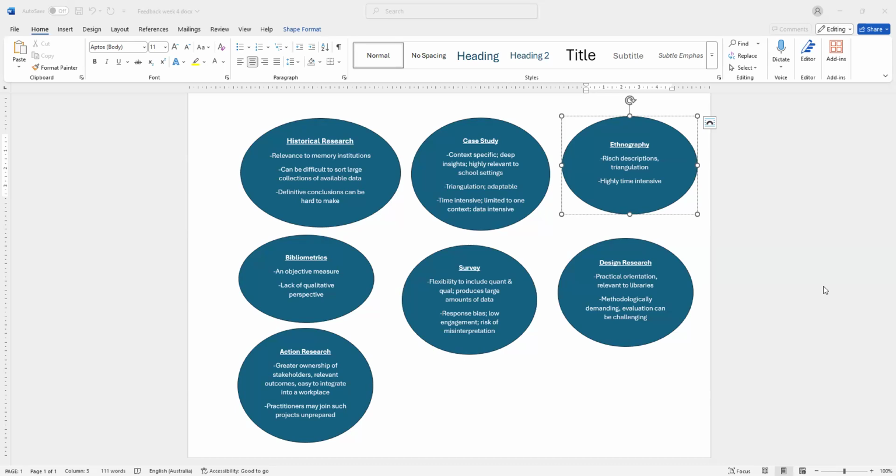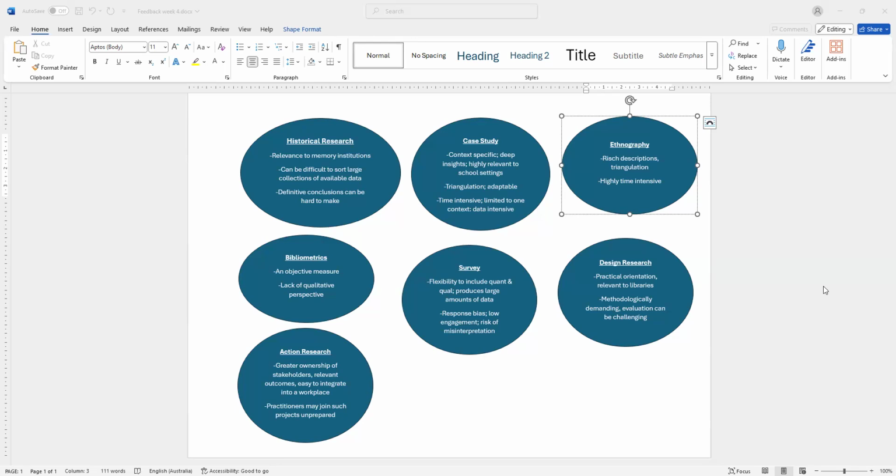In total, there were several research methods discussed in the forum. This week, instead of giving you individual feedback, I thought it would be better to give you collective feedback on what has been discussed, and to provide a summary of some of the strengths and weaknesses of these methods.